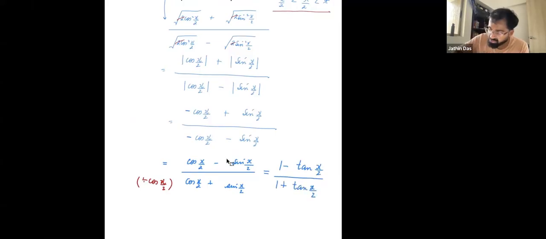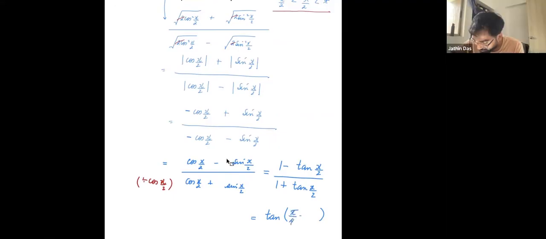What is this? You studied it. 1 minus t over 1 plus t, what is it? Tan of pi by 4 minus theta. It will always be pi by 4, right?